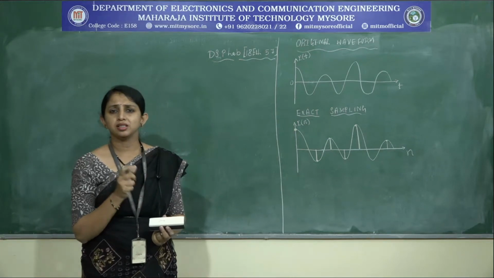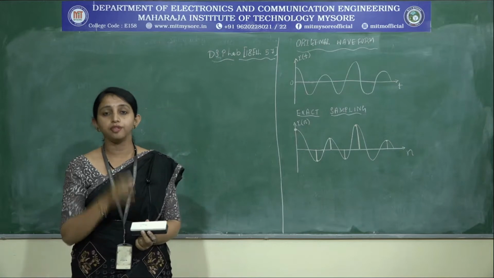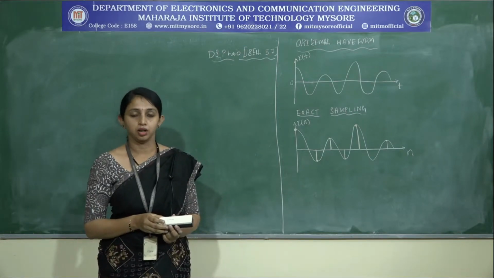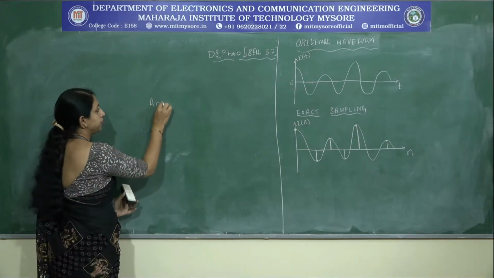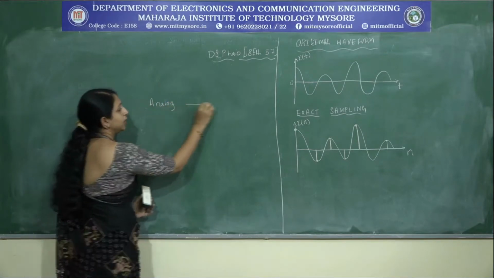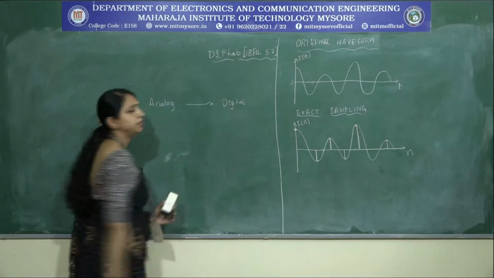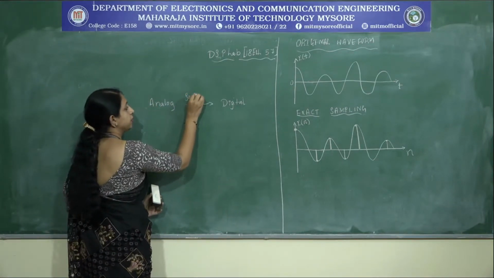Sampling is a very basic step which is needed for the conversion of an analog signal into a digital signal. So while converting an analog signal to a digital signal, we need to follow a first step called sampling.